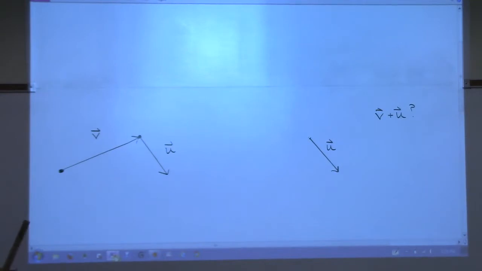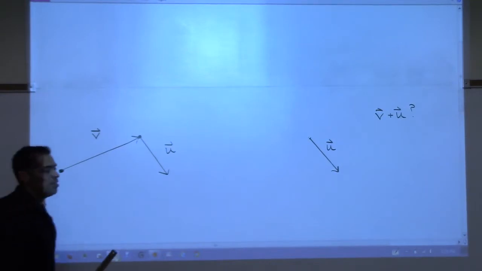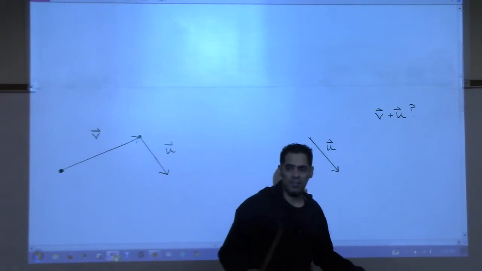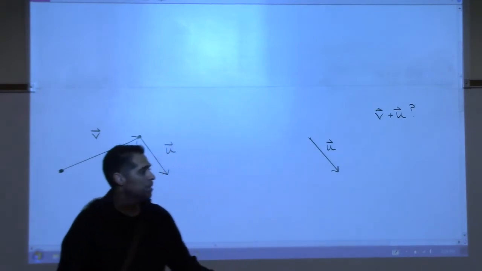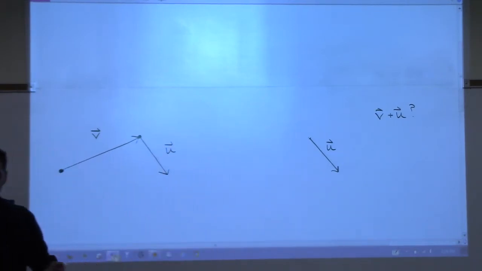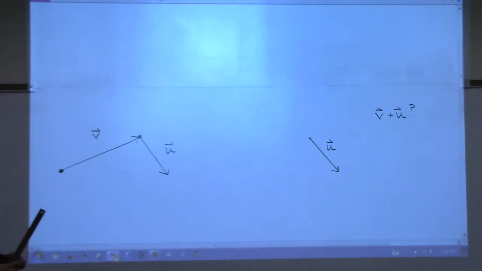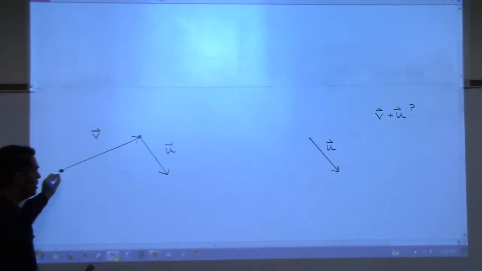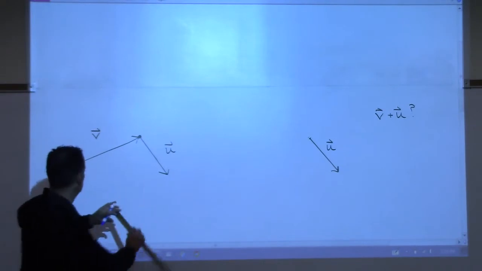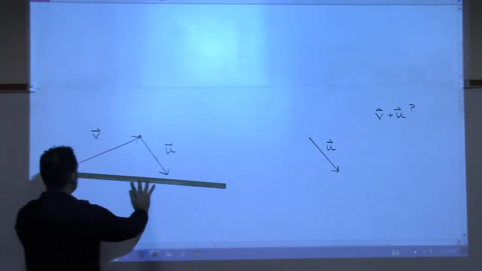So the answer to this is a new vector. When we add two vectors together, we should get a vector, just like when we add two numbers together, we should get a number. So the new vector will start here and end here. Now, this isn't the origin. It doesn't have to be the origin.